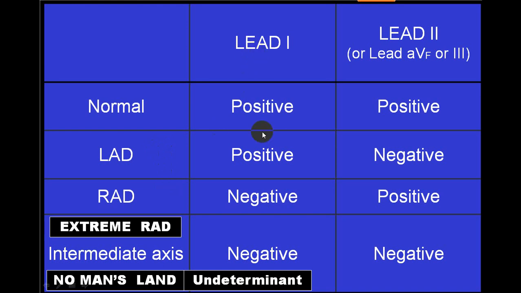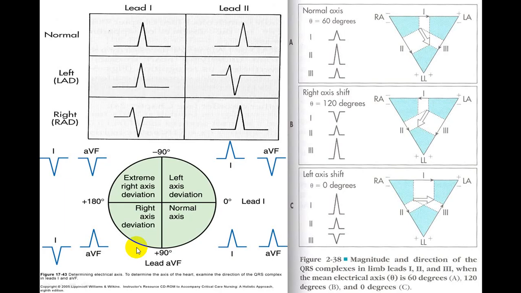If lead 1 is negative and lead 3 and AVF are positive, we call it right axis deviation. And if both are negative, then it is extreme right axis or indeterminate axis, no man's land, or sometimes it is called northwest axis also.